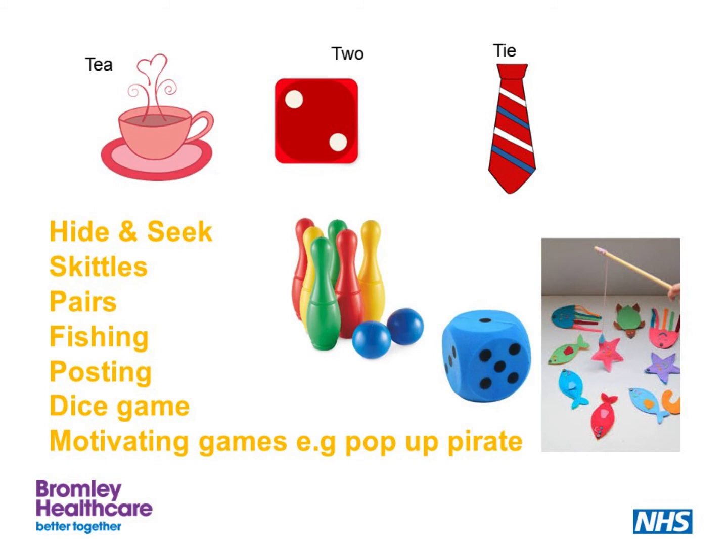So you could attach the pictures to the skittles, you could put the pictures under the fish and then the child fishes them up. You could also pick one of the pictures, for example tie, and you could throw a dice, and however many it lands on, the child has to say the word tie that many times.